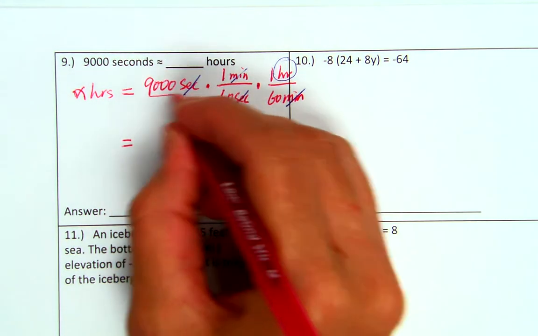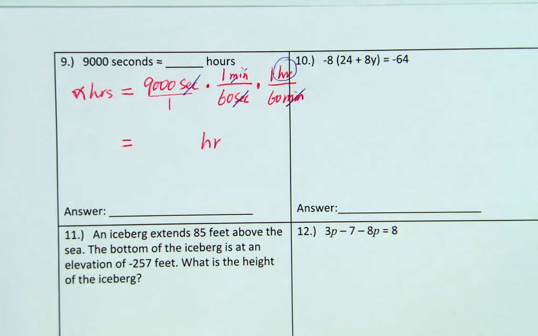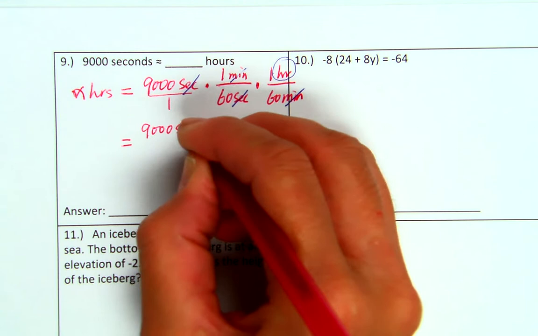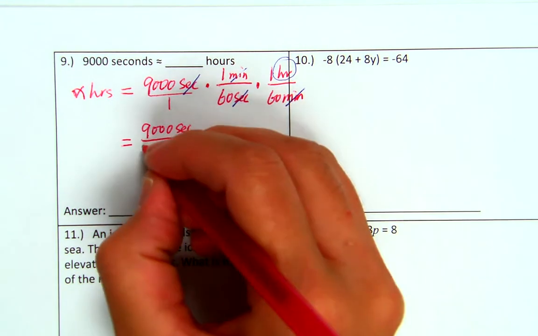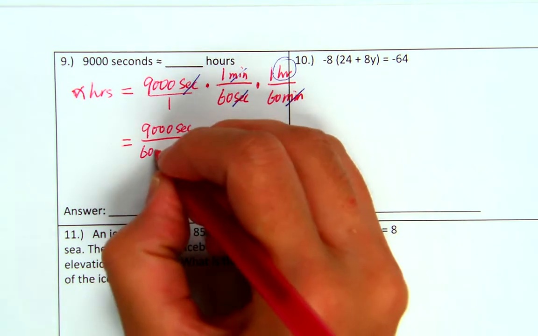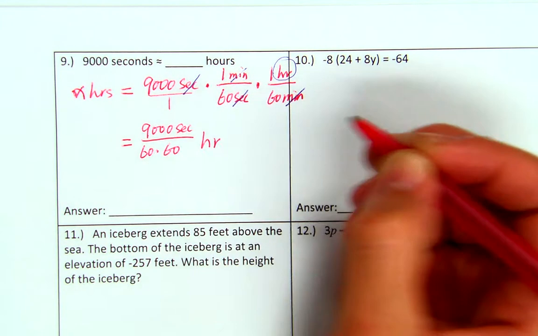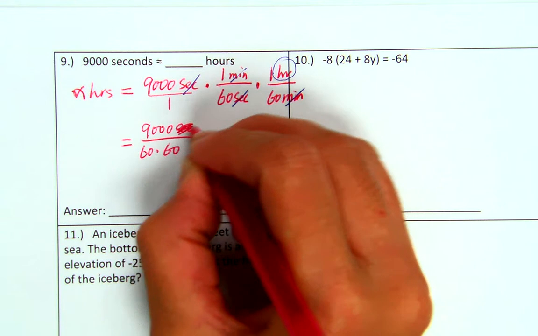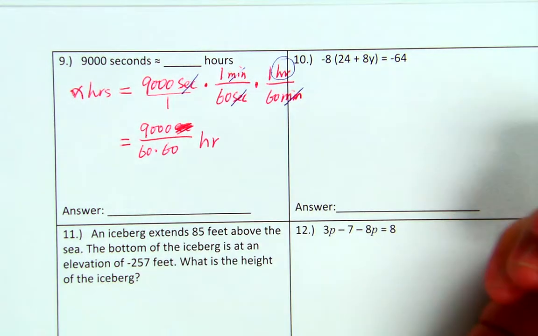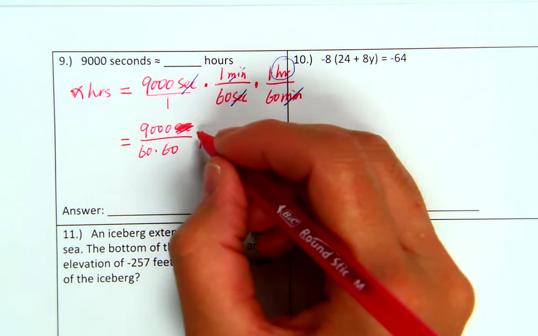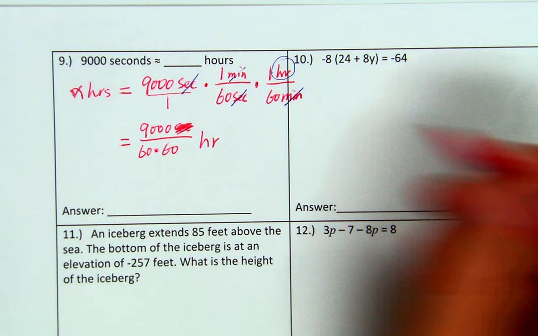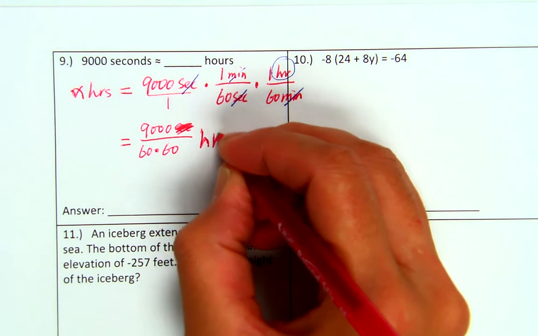And I can add a 1 here to help you see better. So 9,000 is on top, and at the bottom you have 60 times 60, and no second already because I canceled out. My mistake by copying it down. So 9,000 is being divided by 60 times 60, and the unit is hour.